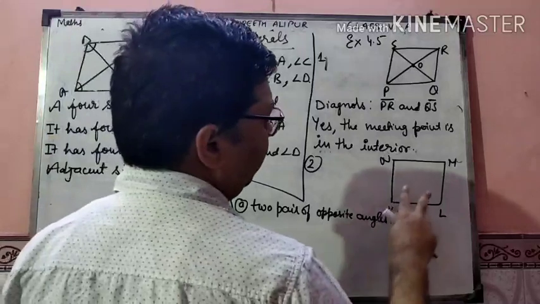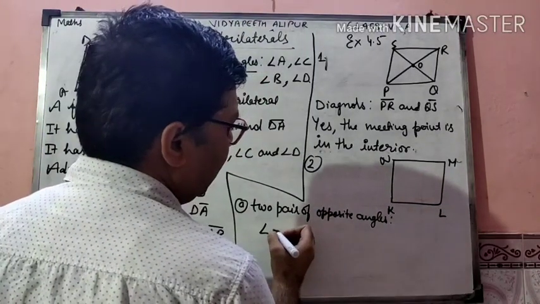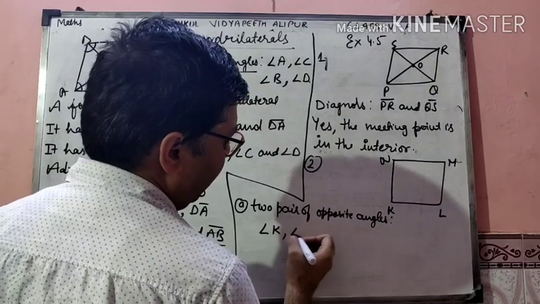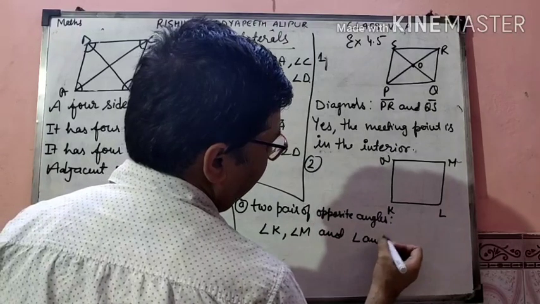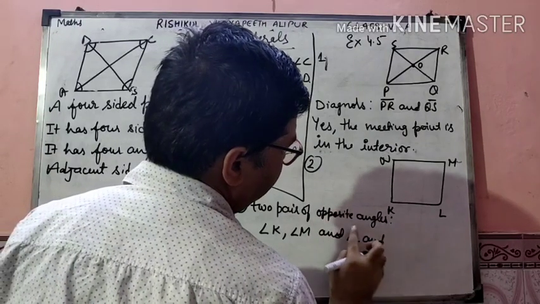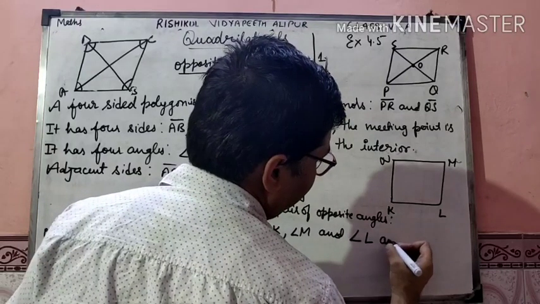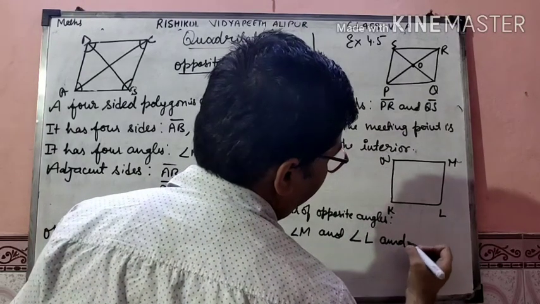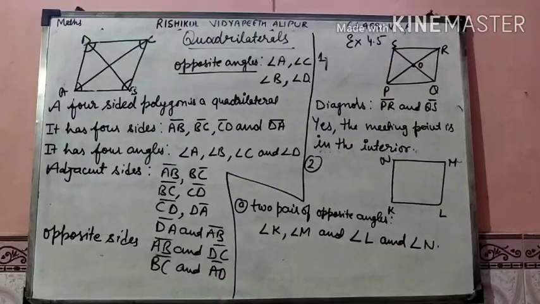Can you tell the two pairs of opposite angles? Angle K and M, and angle L and angle N. These are the pairs of opposite angles.